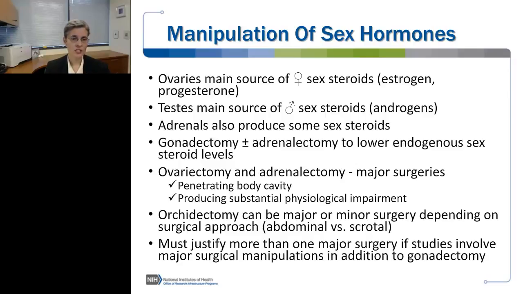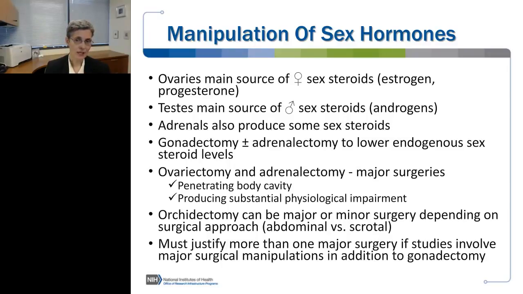In order to significantly lower endogenous sex steroid levels, you may have to do either a gonadectomy or a combination of gonadectomy and adrenalectomy. I should point out that ovariectomy and adrenalectomy are considered to be major surgeries because you're either penetrating a body cavity in both cases, or you're producing substantial physiological impairment in the case of adrenalectomy.